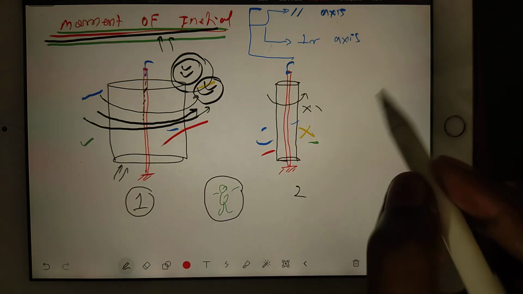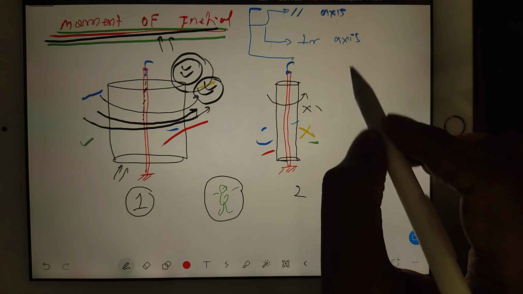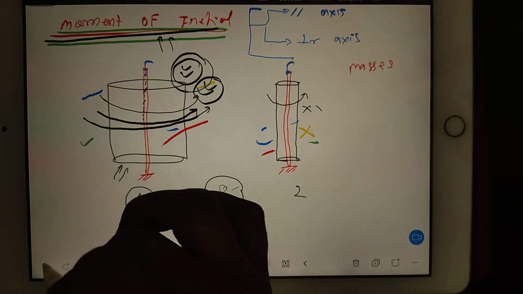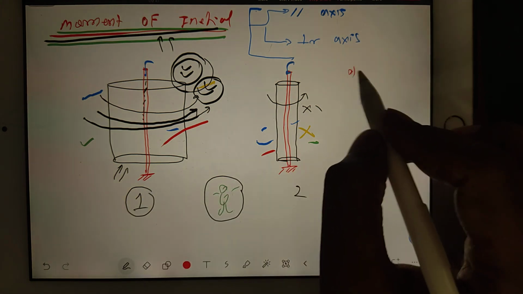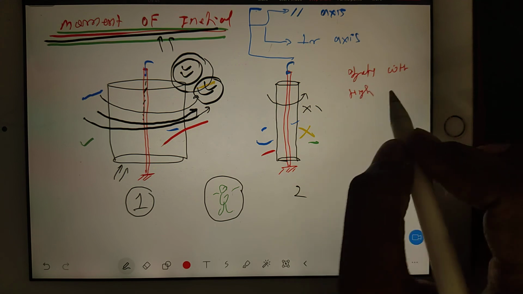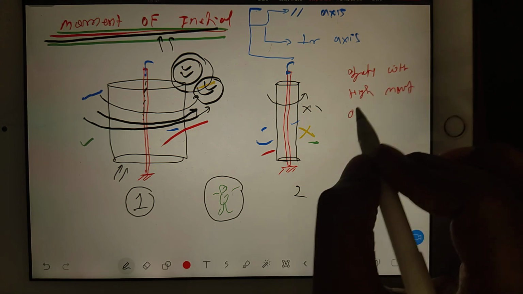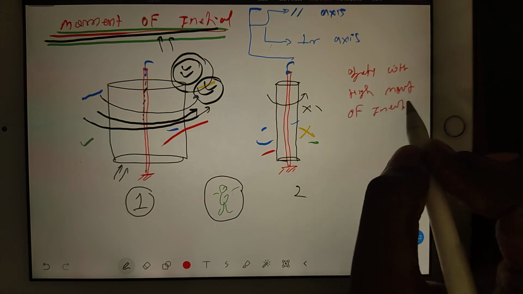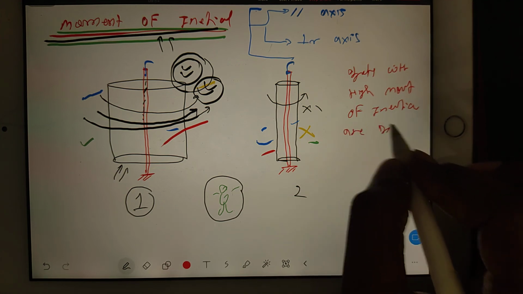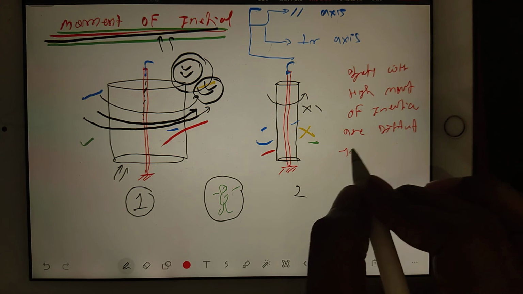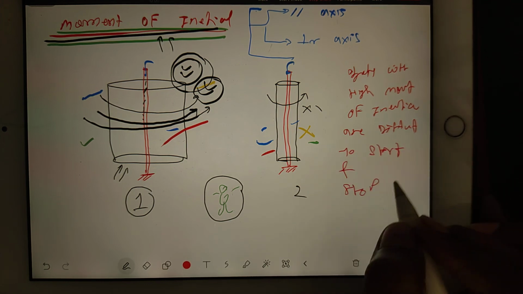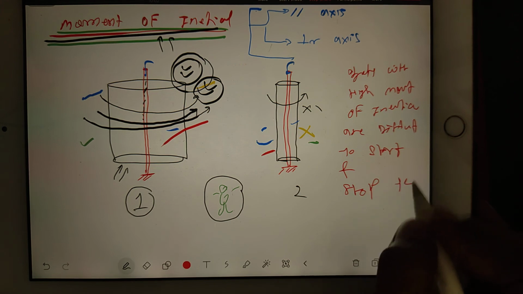So you mention here objects with high moment of inertia are difficult to start and stop the rotation.